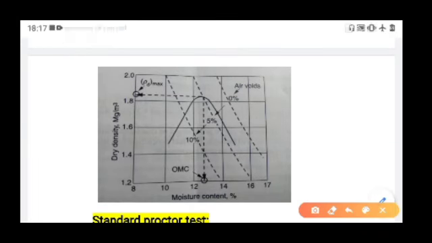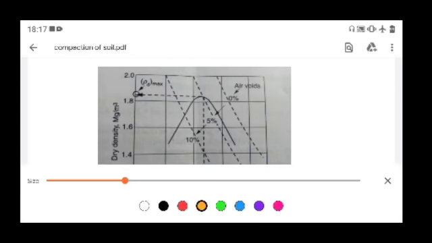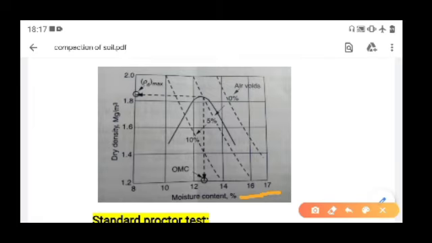Here is the figure. Moisture content is on the x-axis and dry density on the y-axis. First of all, when water is added to the soil, dry density increases.